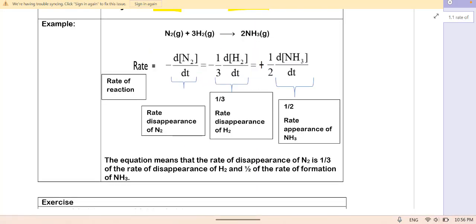If we look at an example, nitrogen reacts with 3 moles of hydrogen producing 2 moles of ammonia.